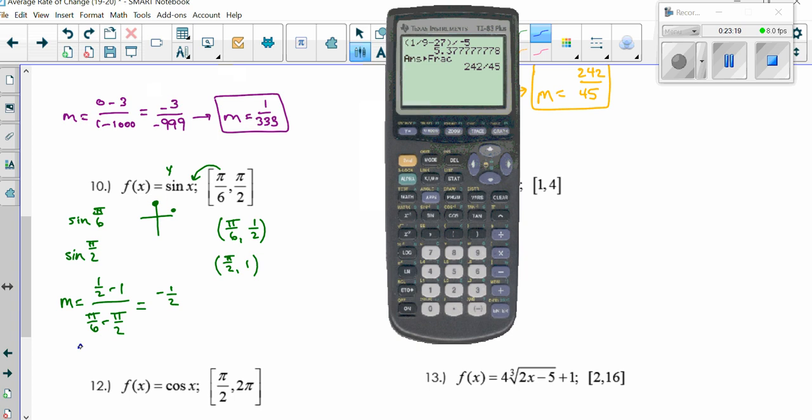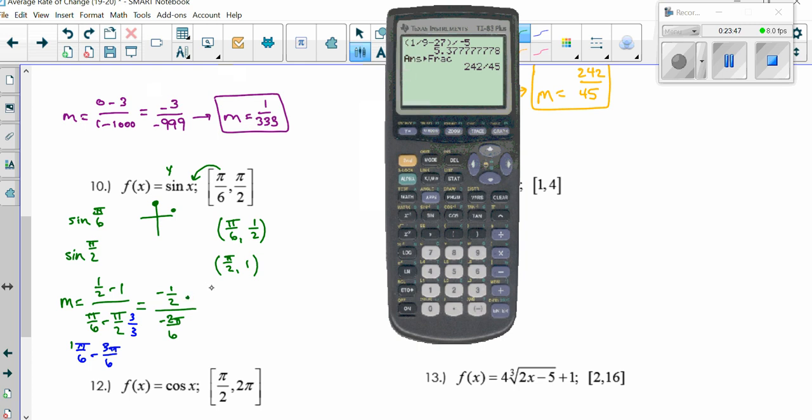My common denominator is 6, so that would be pi over 6 minus, if I multiply this by 3, that's going to give me 3 pi over 6, which means that my denominator, 1 minus 3 is negative 2 pi over 6. And I could simplify that, but I'm going to hold off for a second, because you're going to see why.